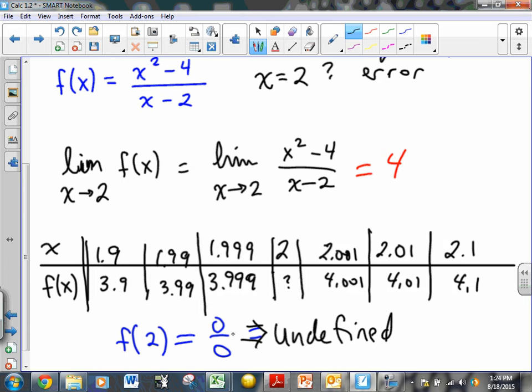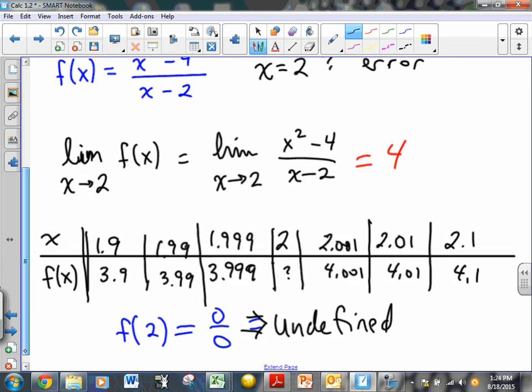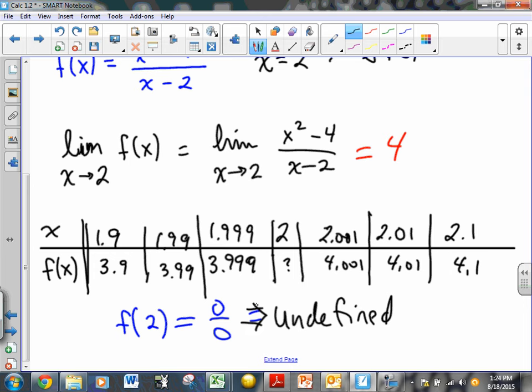So f of 2 is undefined. The function value is not defined. The limit equals 4. These do not have to be the same. The limit as x approaches a value does not have to be the same as the value of the function at that point. It could be. It doesn't have to be.